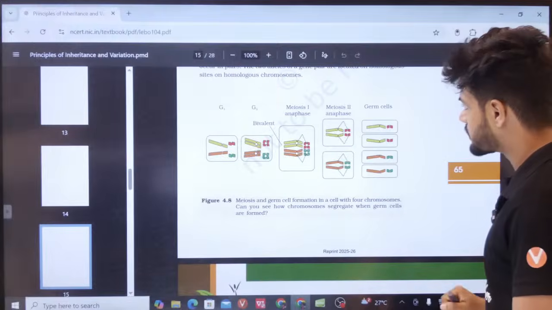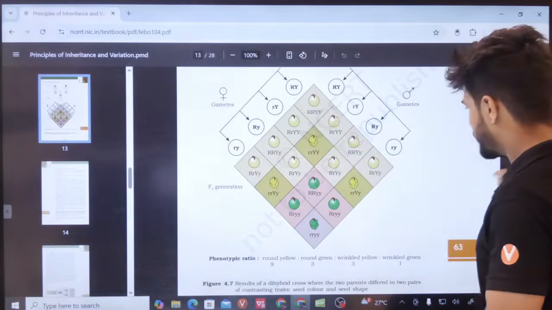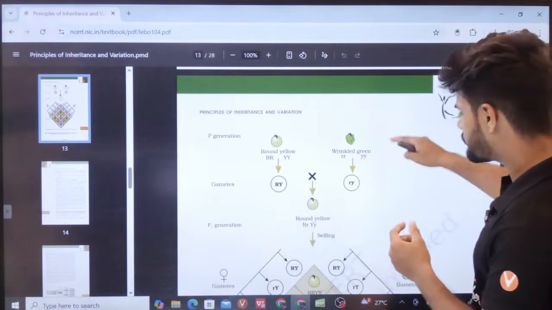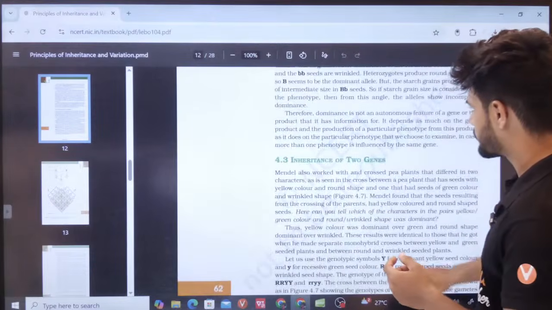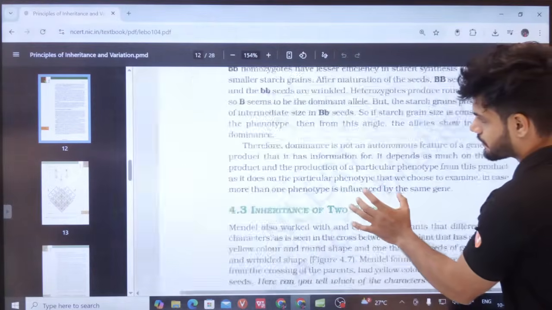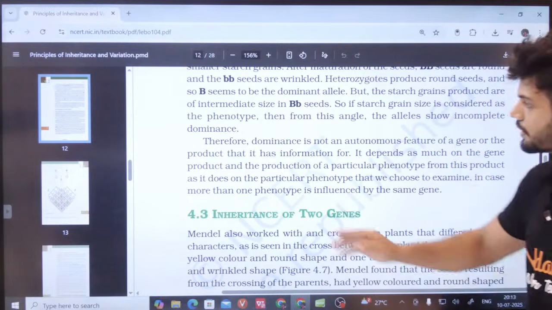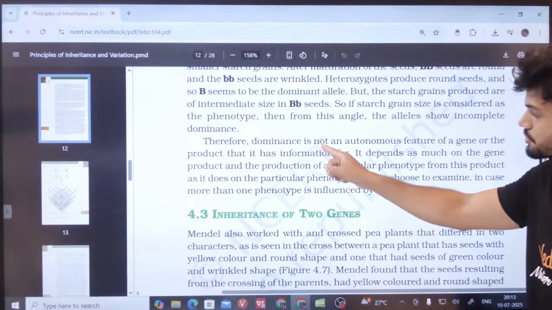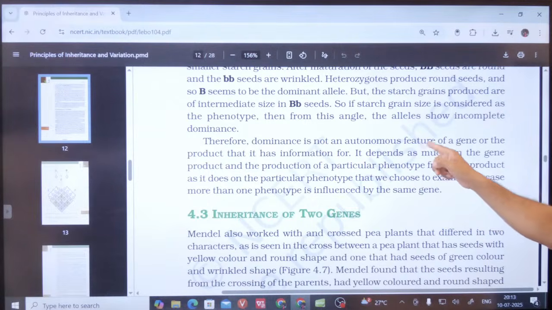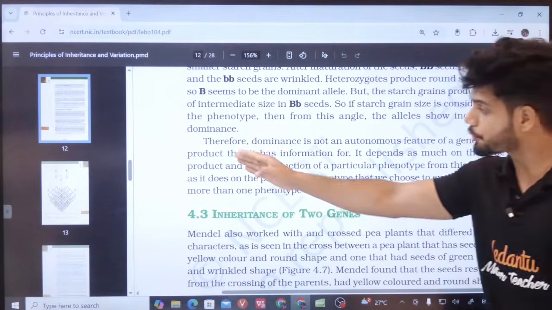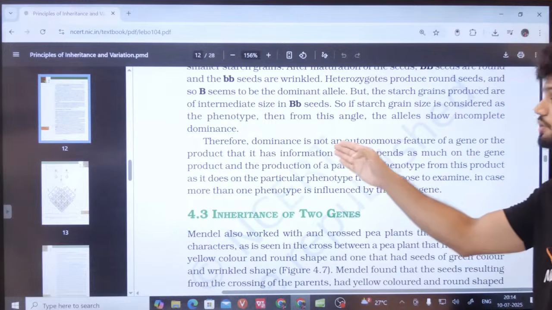Now, I want all of you to read this part here and see if you can understand it. Dominance is not an autonomous feature of a gene or the product that it has information for.